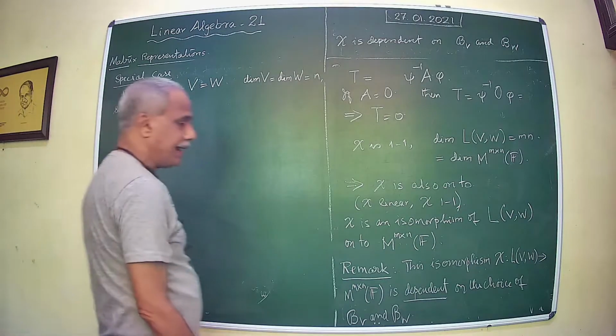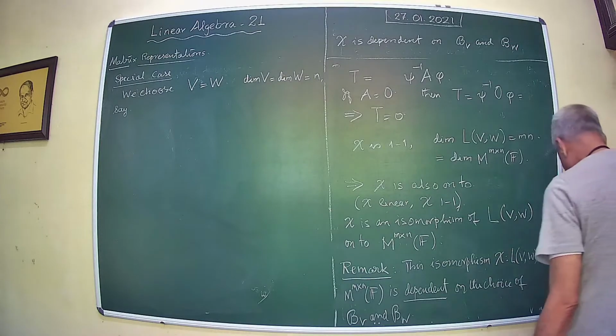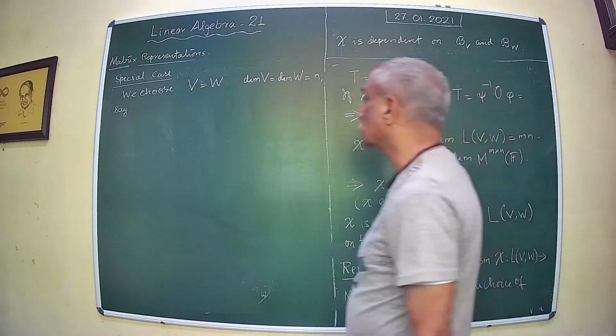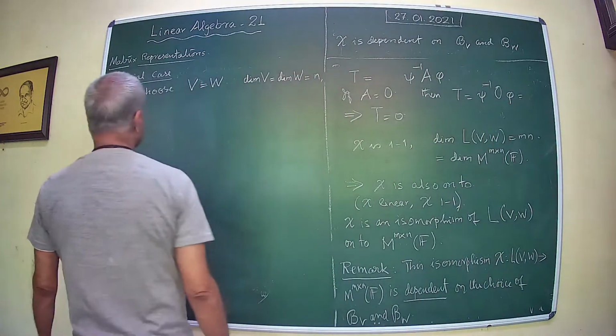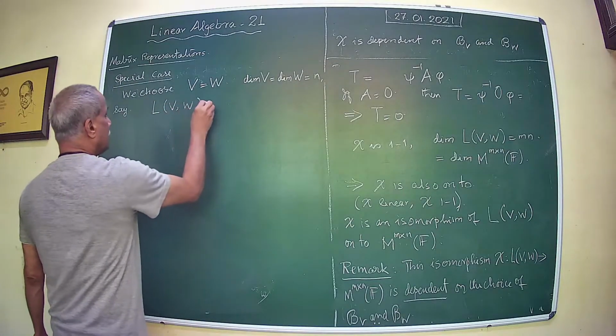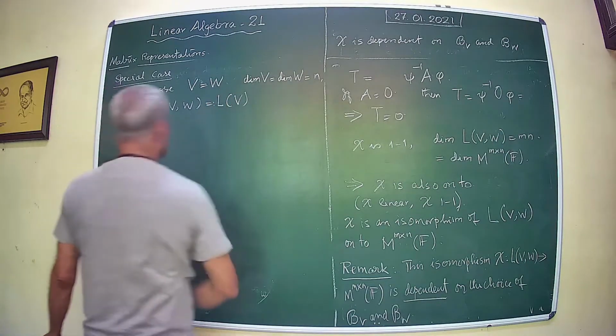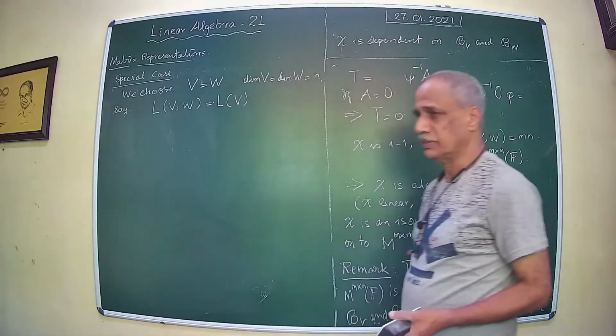So both the domain and range are now the same. Then LBW is denoted by LV. That's our notation.